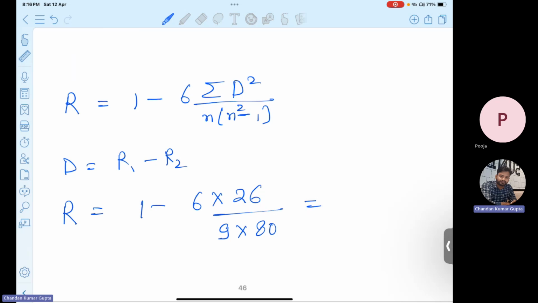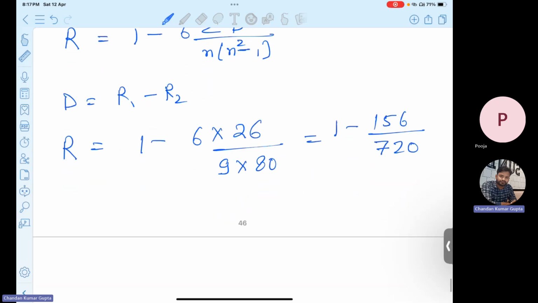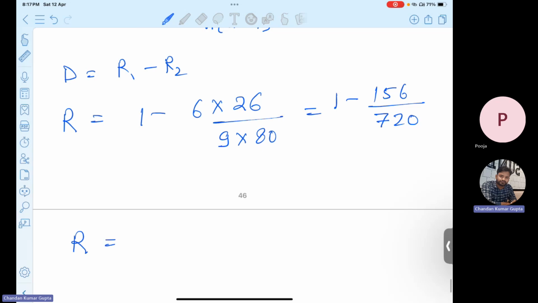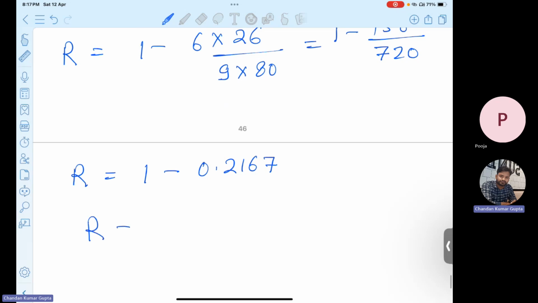So we need to solve this. 1 minus 26 into 6, which is 156, divided by 720. 1 minus that is 0.2167, and r is equal to 0.7833.